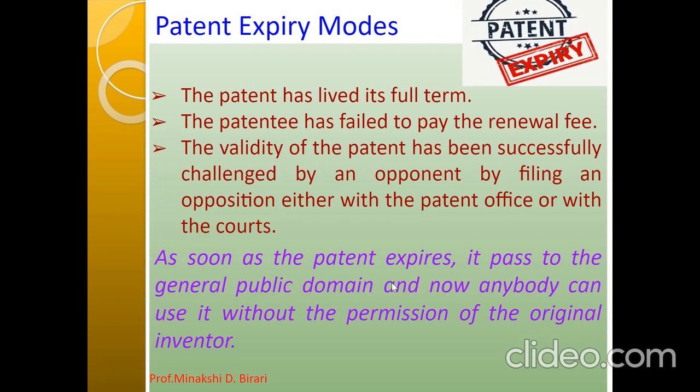So these are the three conditions to expire the patent. As soon as the patent expires, it passes to the general public domain, and now anybody can use it without the permission of the original inventor. The patent is valid only for a limited period, that is about 20 years.